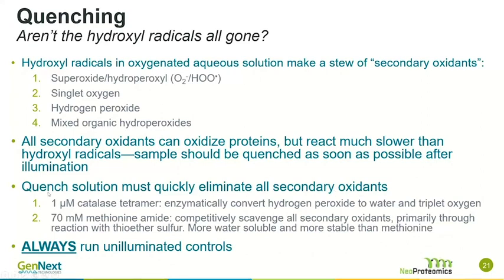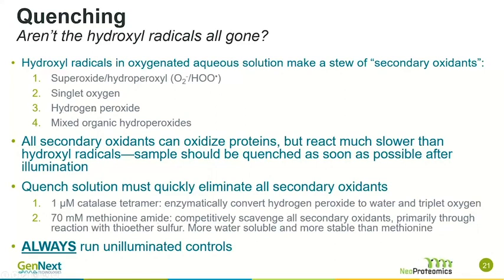So most commonly, quench solutions have two components. The first component is catalase. We usually use 1 micromolar of catalase tetramer or something very similar. Catalase is an enzyme that enzymatically converts hydrogen peroxide into water and stable triplet oxygen. So two things you don't need to worry about. And then the other additive is 70 millimolar methionine amide.